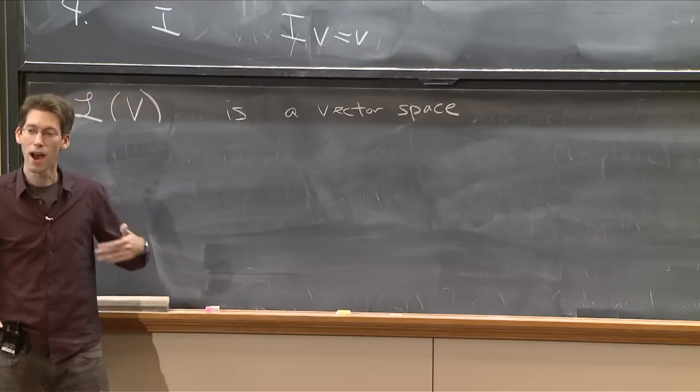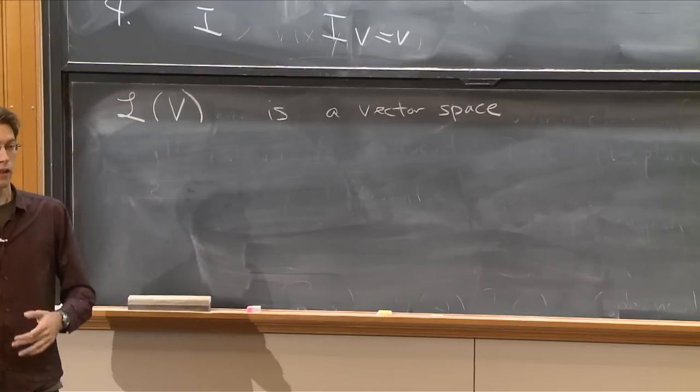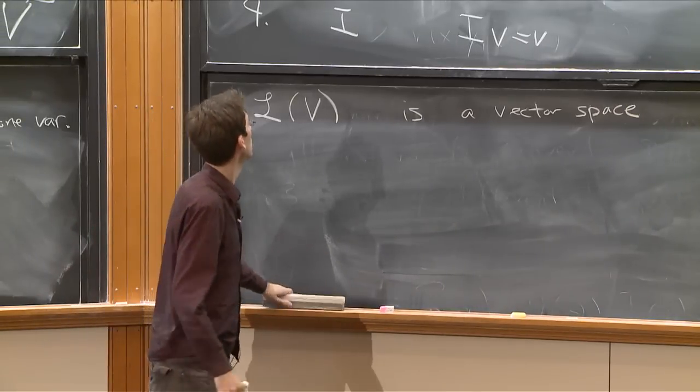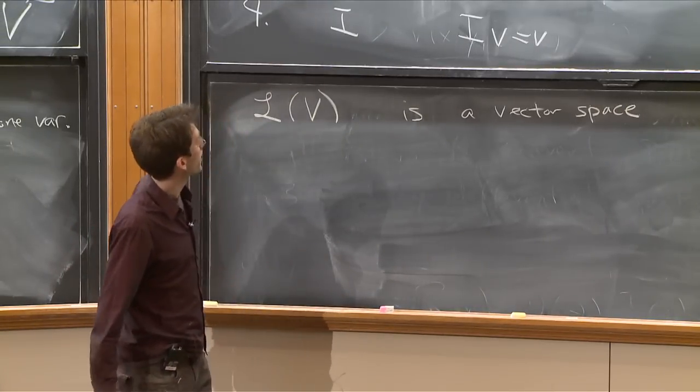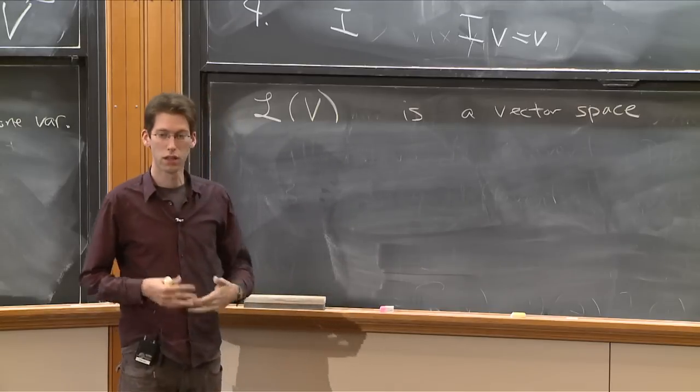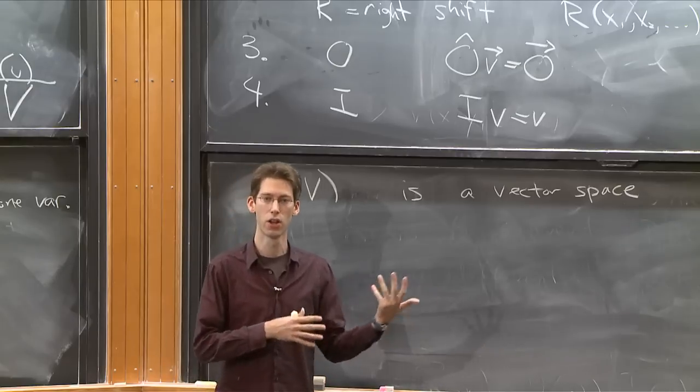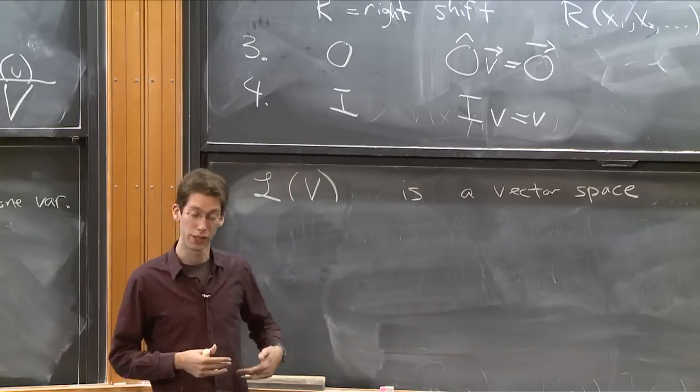So the set of operators satisfies all the axioms of a vector space. It contains a 0 operator. That's this one right here. It's closed under linear combination. If I add together two linear operators, I get another linear operator. It's closed under scalar multiplication.